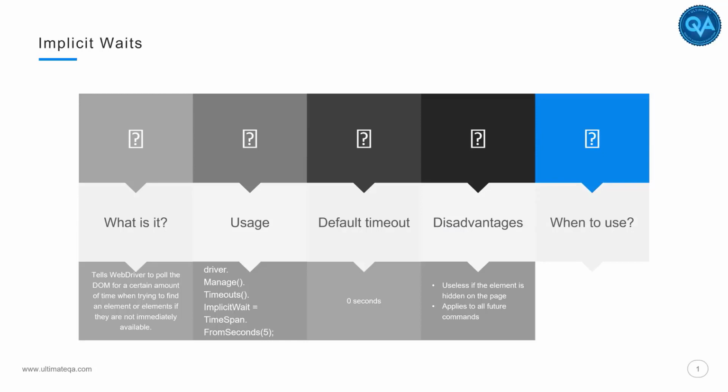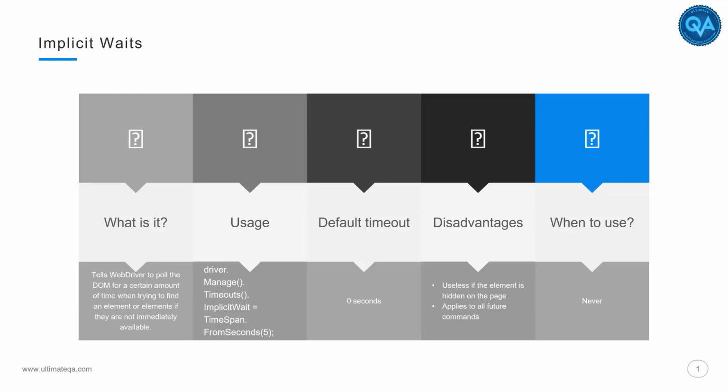So when should you actually use an implicit wait? The answer is actually never. Yes, I know you must be annoyed right now because I've just spent all this time teaching you about an implicit wait, and then I'm telling you never to use it. How can that be? Why did I do that? Well, the reason is so you know about implicit waits, you know what they are, and then you know that you should never use them.